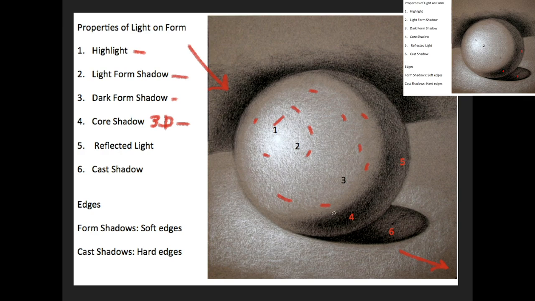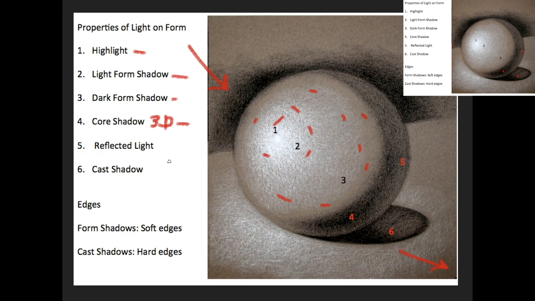The core shadow emerges. Now the core shadow is the darkest part of our shadow on the form, and I love it because it gives us that three-dimensional pop, or that illusion, that character of three-dimensionality, turning of form, whether it's a ball or a box or a hand or a foot or a torso or an abdomen. It gives us that wonderful change.